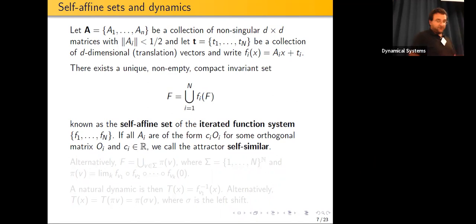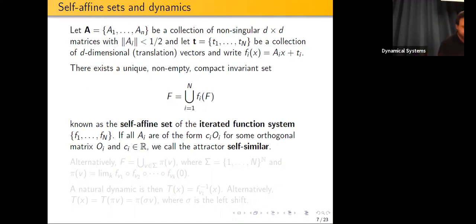It satisfies this equation, and this is known as the self-affine set if all of these maps were affine maps. And using this collection of maps, we refer to it as the iterated function system. And just as an aside, if you take very regular functions, similarities, so that in this case they would just be some orthogonal matrix with some real number c that shrinks it down.